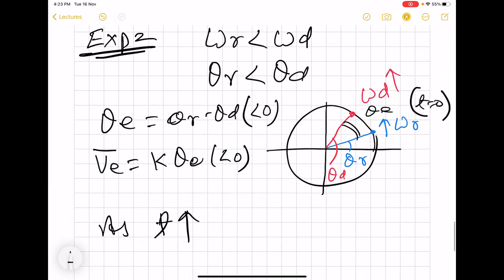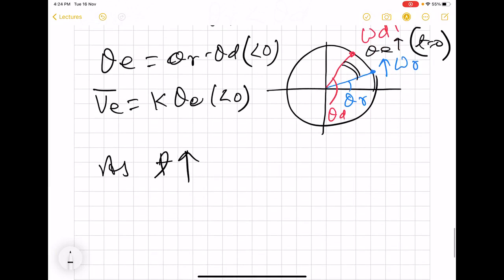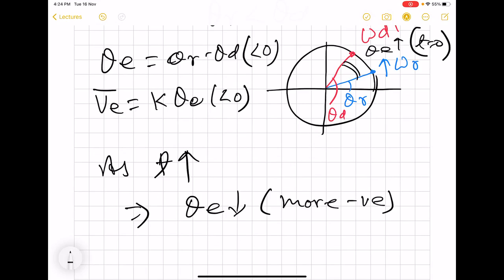So as t increases, what will happen is this omega d is moving at a faster speed, so this theta e is going to grow, but it will grow in negative direction. So as this goes up, this theta e is going to decrease. That means in a negative sense, its magnitude is going to increase, but sign is negative. So we say that it decreases. That means it becomes more negative.